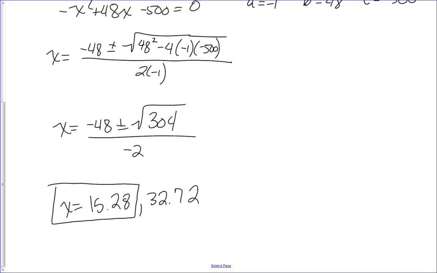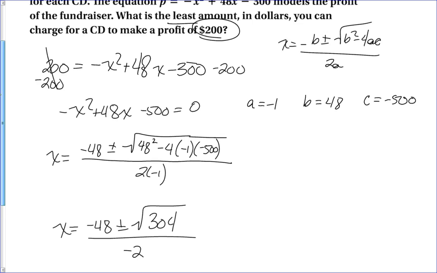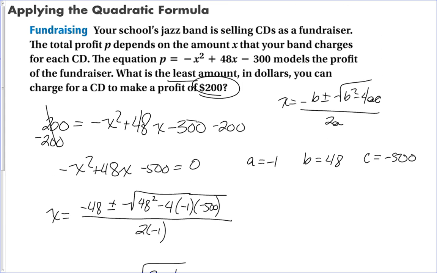Before I end the video, let me just go back up here. When you have a word problem like this, and they give you an equation like they did here, P equals negative x squared plus 48x minus 300, and they say this equation represents the total profit if you sell the CDs for x dollars, and then we want to make $200 profit, so what do we have to sell the CDs for?